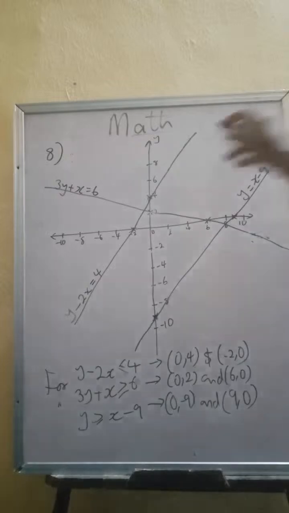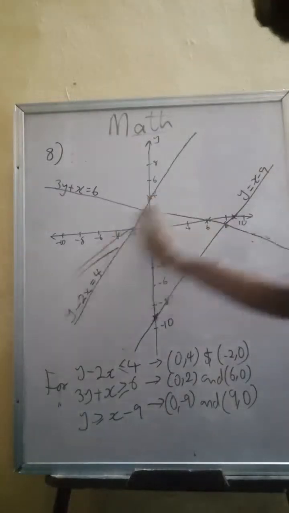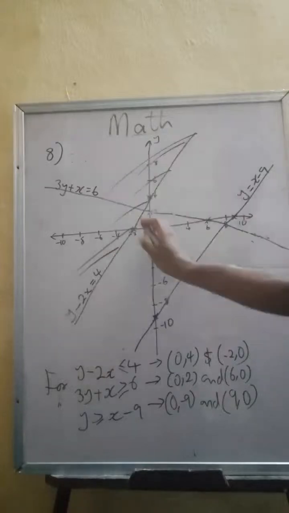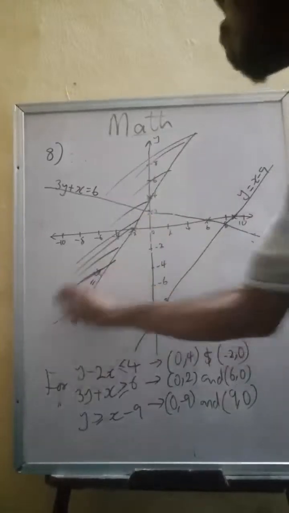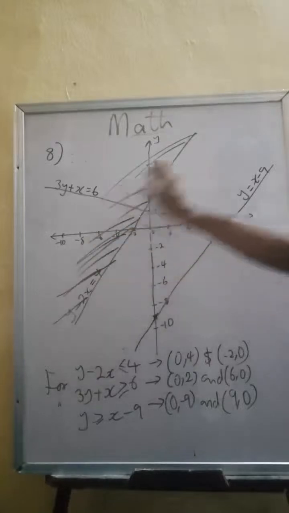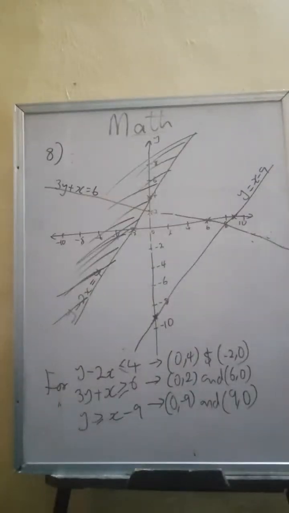And that's simply because we see it's moving backwards. The next, we said above the line is required.